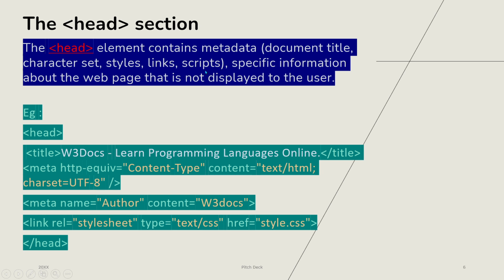We also get the support of CSS and JavaScript to make a perfect web page. The specific information about the web page is not displayed to the user; only the title of the document is displayed. None of the other background things are displayed to the user. So we see a simple code.